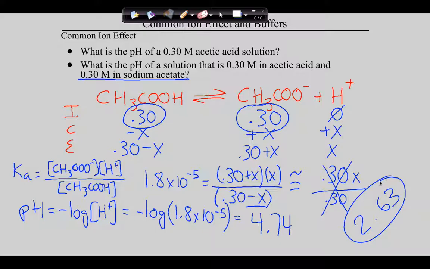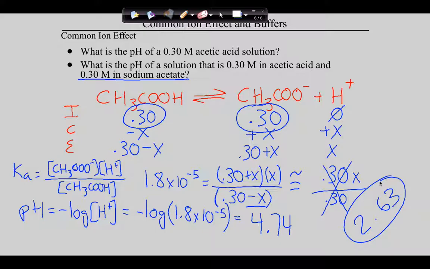Because remember, guys, these are logarithmic relationships. They are exponents of 10. So 2 powers of 10 is 100. So guys, this system that we created is 100 times less acidic than the system that we didn't add the salt to.